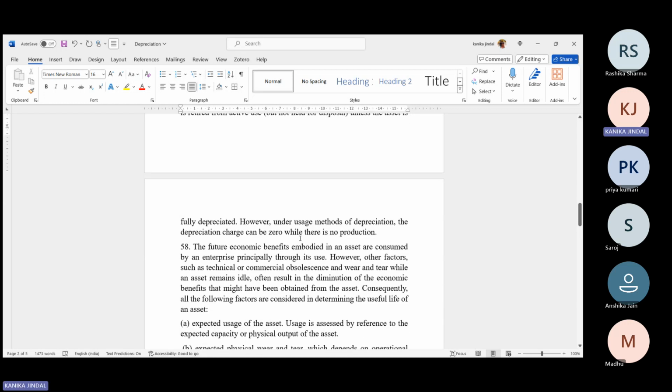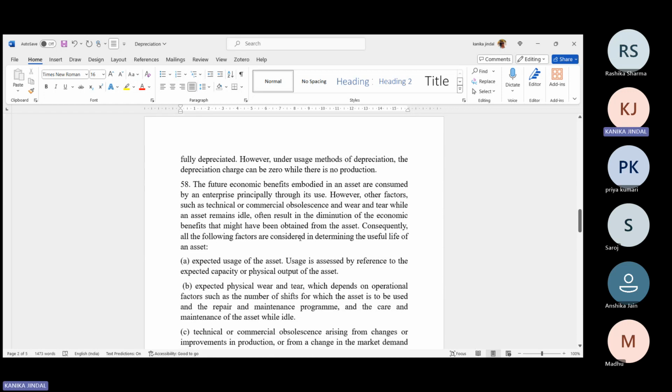Okay. Next is, the future economic benefits embodied in an asset are consumed by an enterprise principally through its use. So जो future economic benefit है asset का, वो consume किया जाता है by an enterprise.